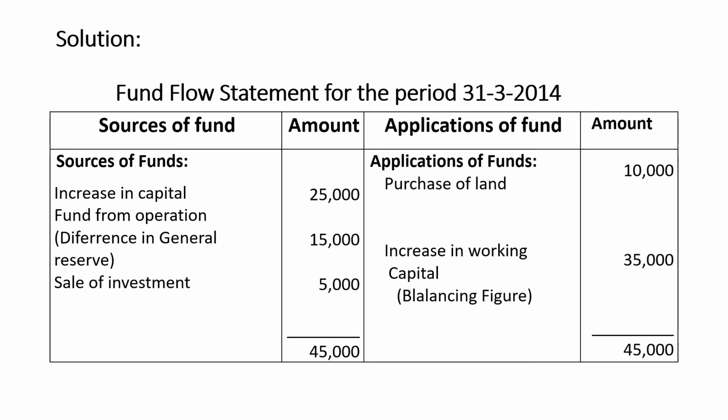Total sources of fund for the year 2013-14 is 45,000. Then allocate these sources of fund to the business concern in the appropriate manner.